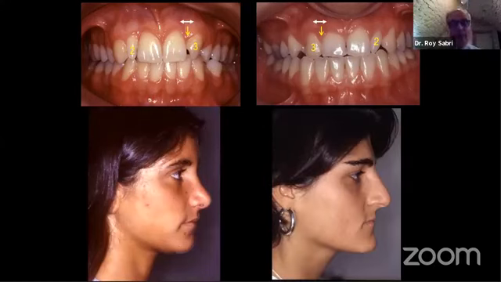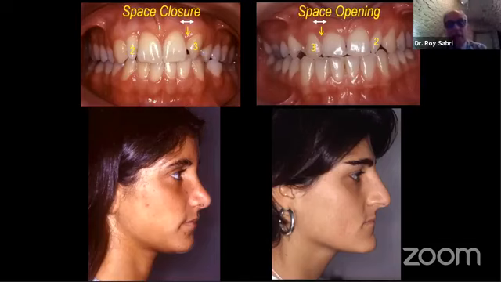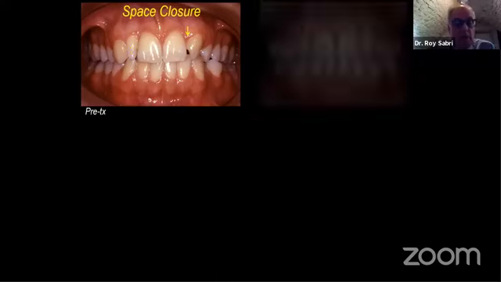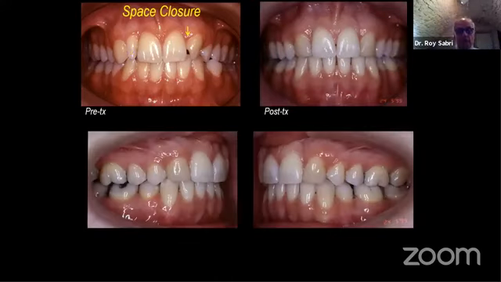So you can guess that for the patient on the left, I'm going to go for space closure. She has a class 1 on one side and a class 2 on the other. So I extracted a second premolar on the lower, on the class 2 side, and here's her end result.